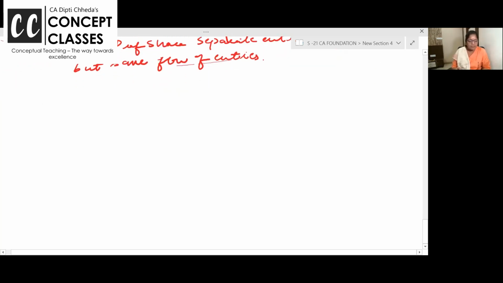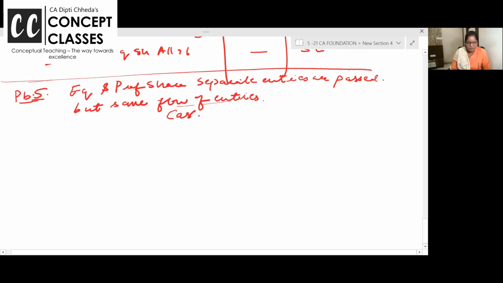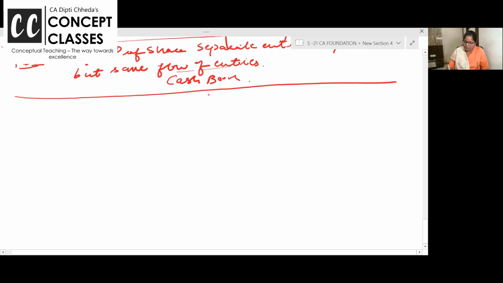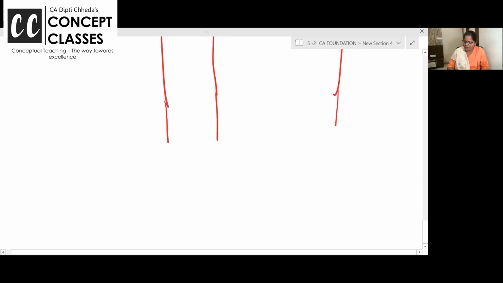ठीक है? चलो, let us make the cash book. Dates are not given. Otherwise, we'll make date, particulars, amount. So we can just make particulars amount and particulars amount. Cash book. और आगे करते हैं journal entries.